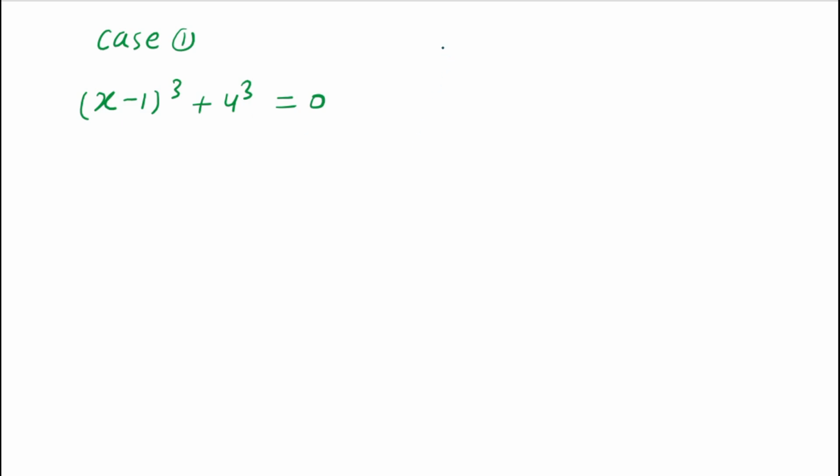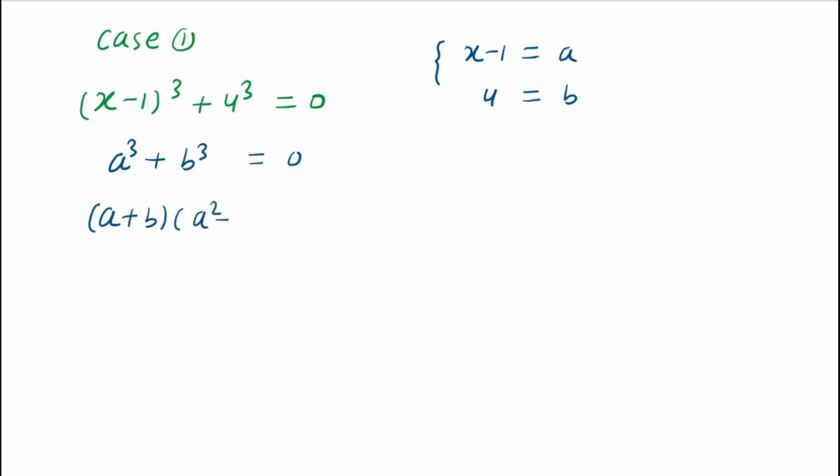Here if we substitute x - 1 equals a, and 4 equals b, then x - 1 is replaced by a cubed plus, and 4 is replaced by b cubed, and this equals 0. And the factor of a cubed plus b cubed is (a plus b) multiplied by (a squared minus ab plus b squared). The value of a is x - 1 and the value of b is 4.